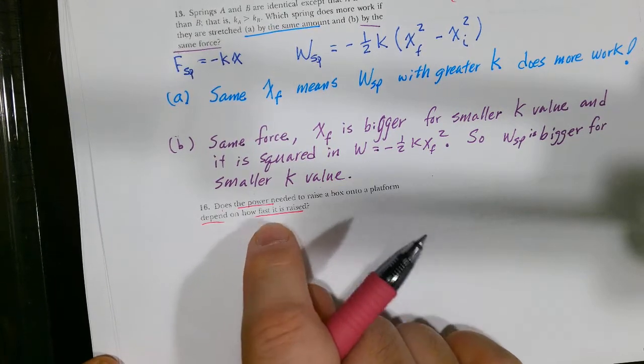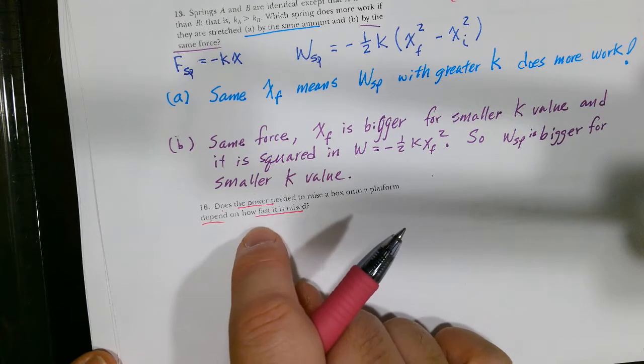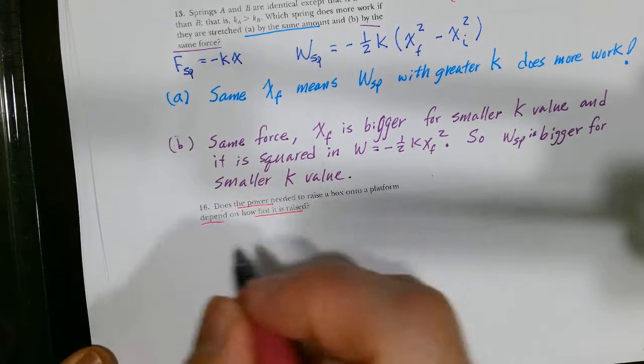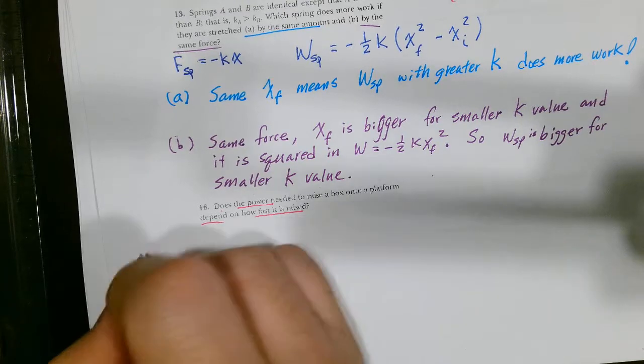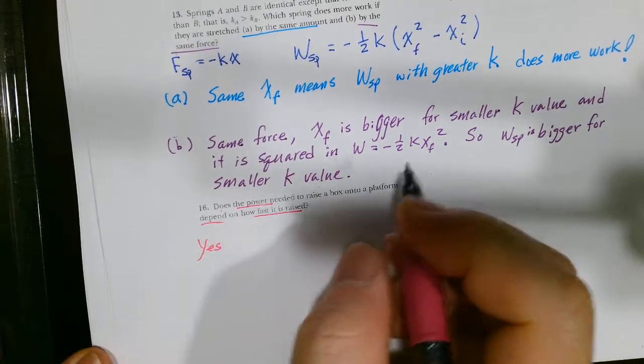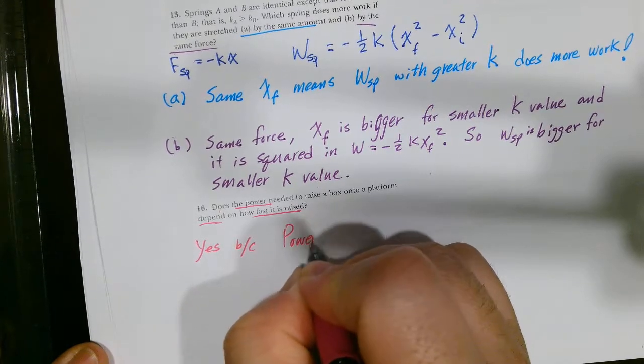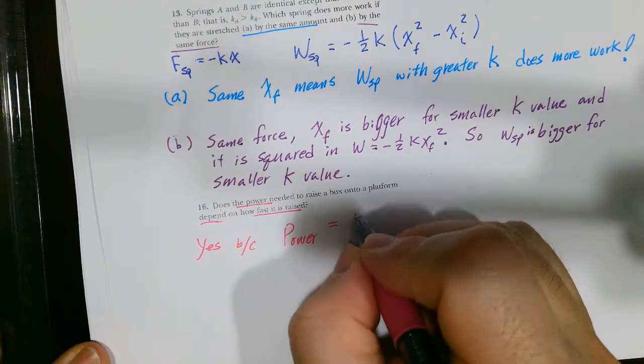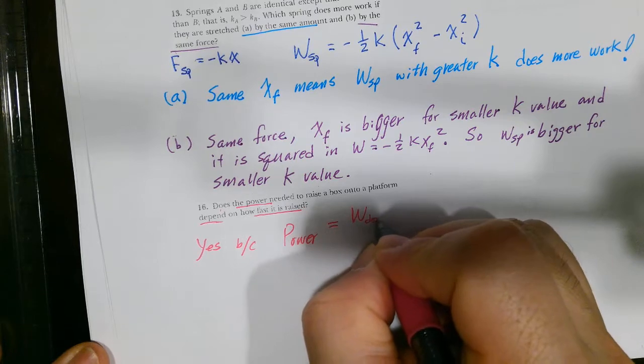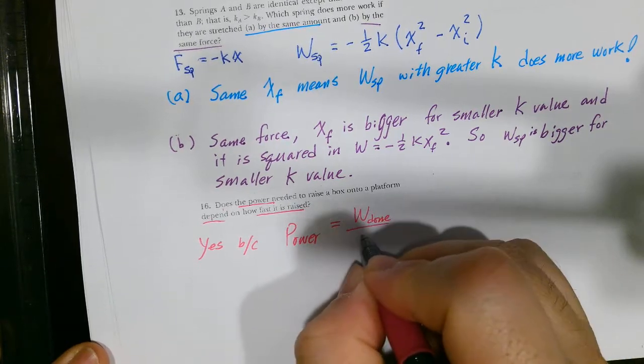But either way, I think it still means the same, right? So first let's answer the question yes, because power is equal to the time rate of work done. Time rate of work done.